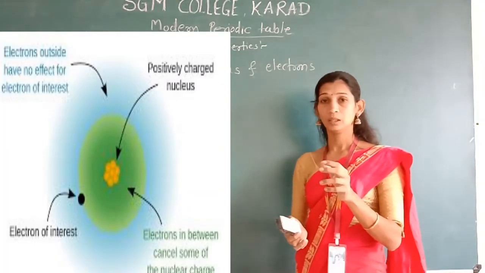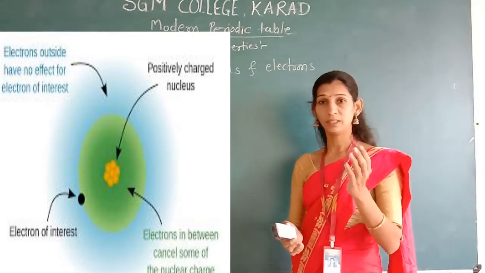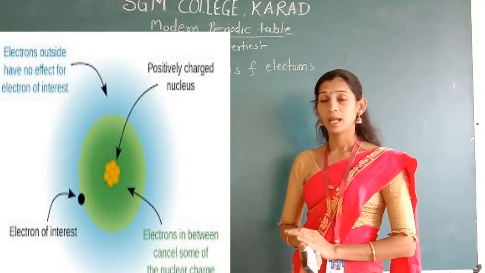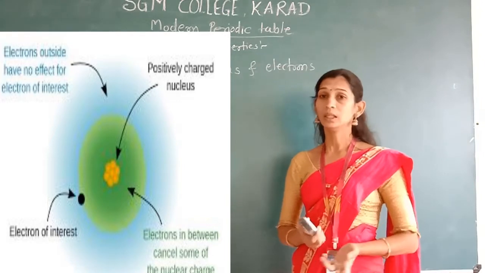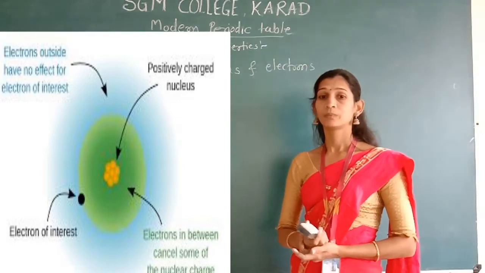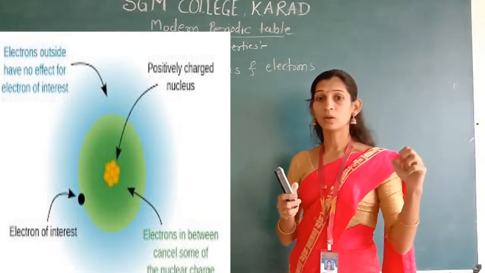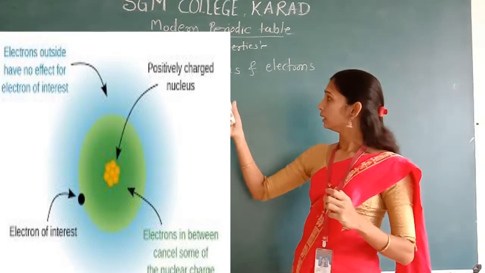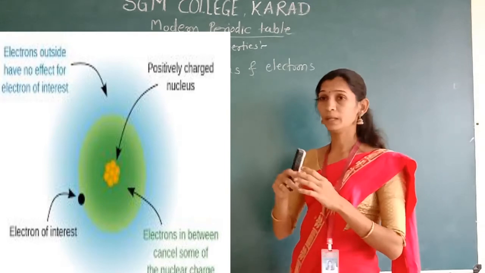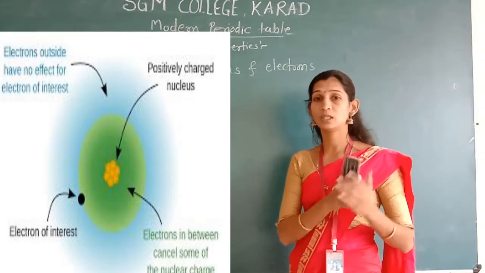The nucleus has a positive charge, and the electron has a negative charge. The nucleus attracts every electron, and the electron will be attracted towards that positive charge.